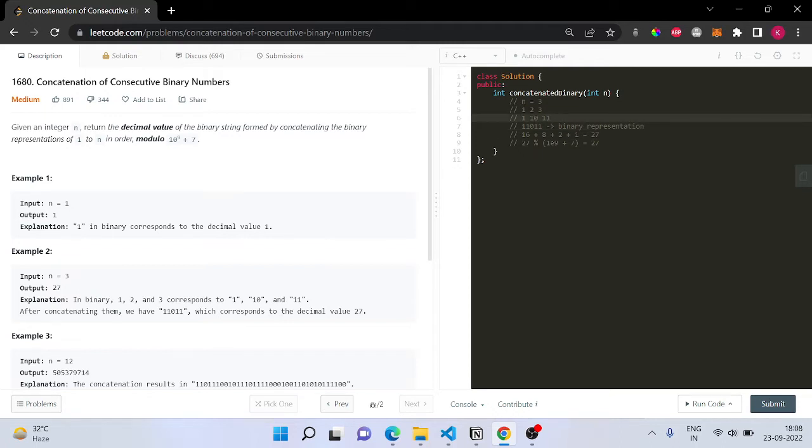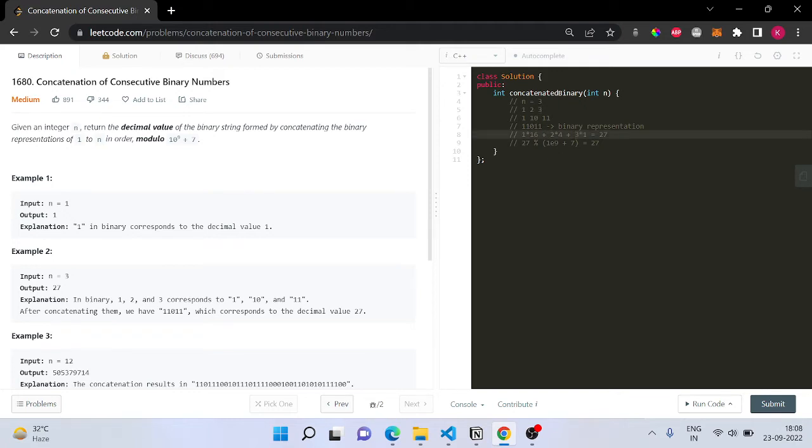What we are doing is, can I write this number as something like 3 plus 2 into 4 plus 1 into 16? So 3 came directly as it is.